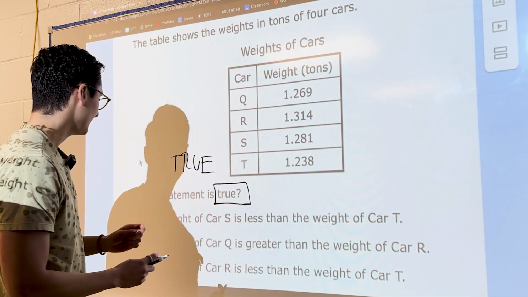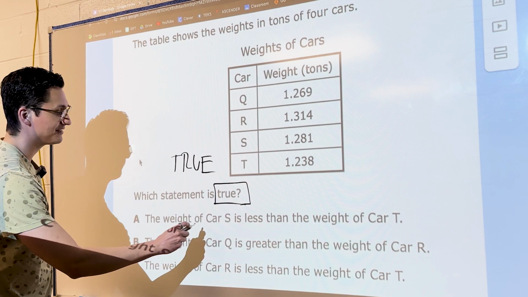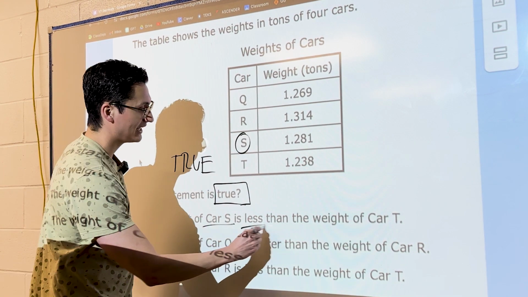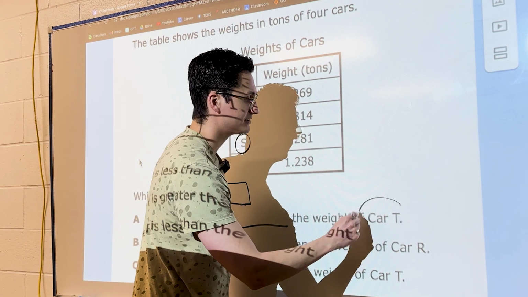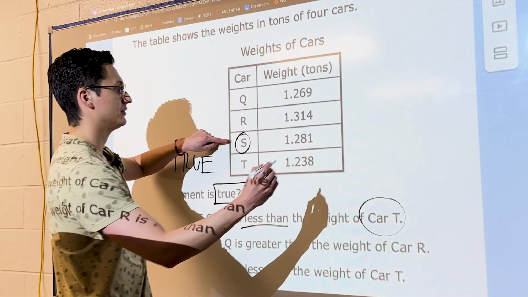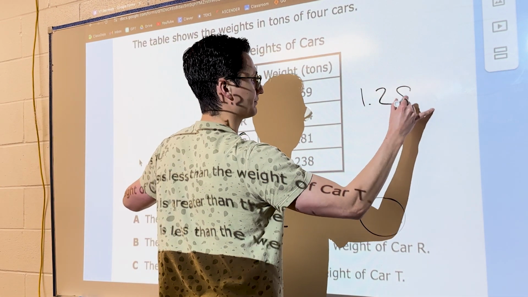So the first one, the weight of car S is less than the weight of car T. So how much does car S weigh? 1.281.